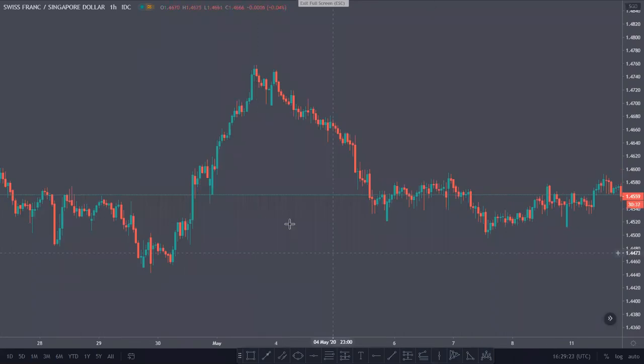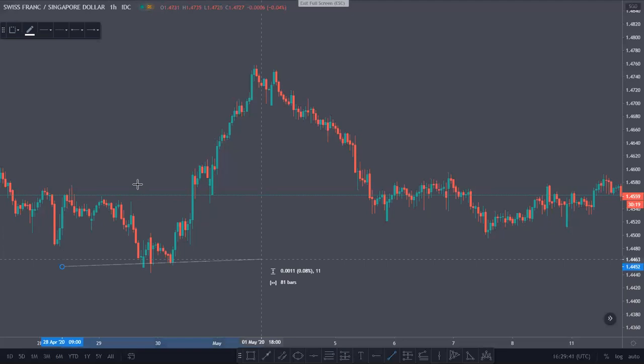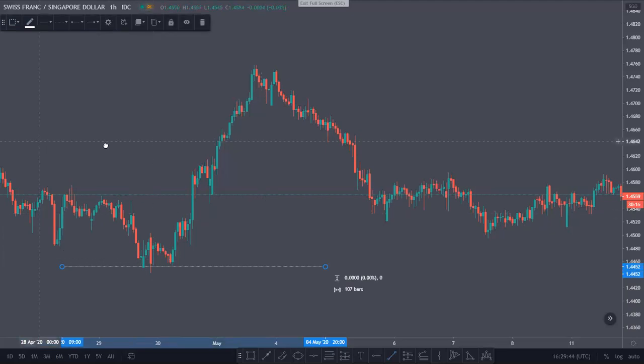So this is the 1 hour. So I would like to talk about this point. Hopefully you can all see this point. We see price rising. Okay, so price came from a downtrend.